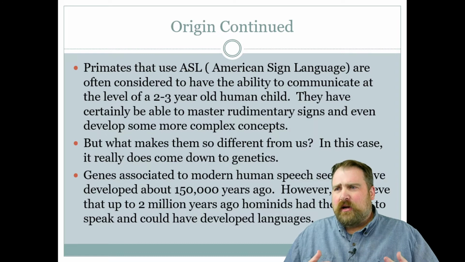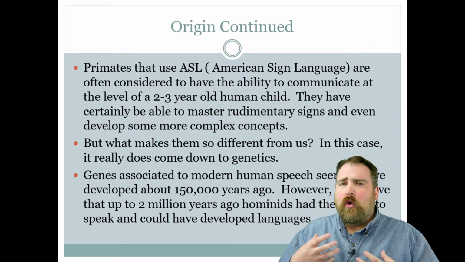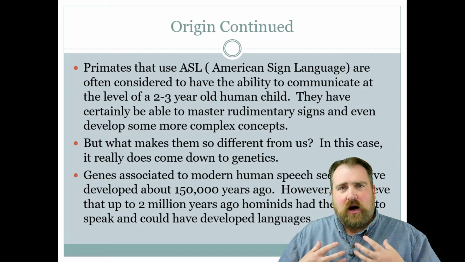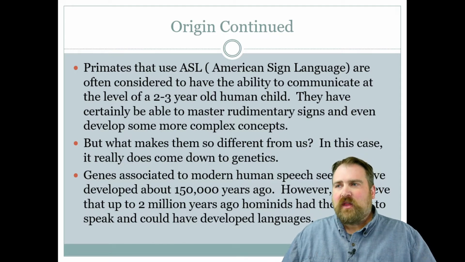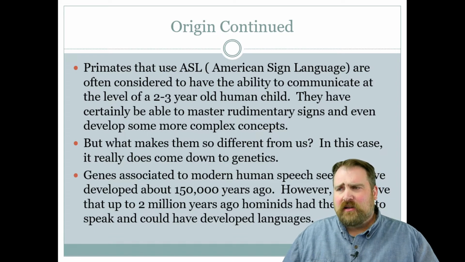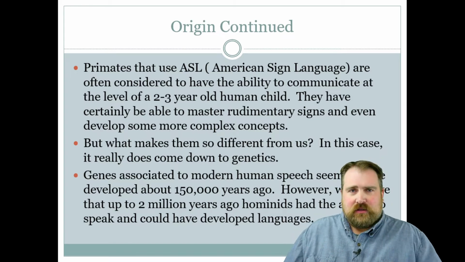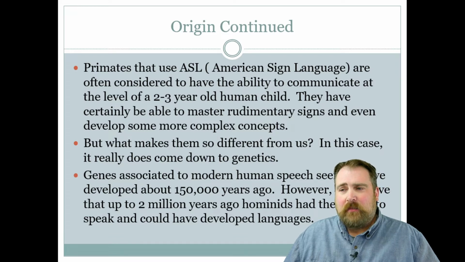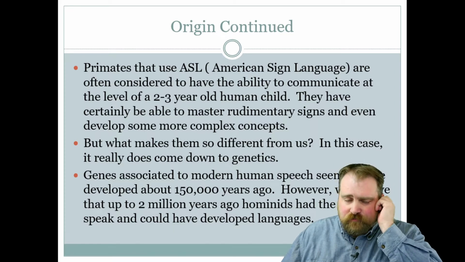It's one of the differences between gorillas and chimpanzees and humans, that our vocal cords, the shape of our jaw, all of this is tuned so that we can create complex sounds. And the more complex sounds we're able to create, the more information we're able to convey. Chimpanzees and gorillas do not have that same complexity, and therefore can't make the same sounds and convey that same kind of information.